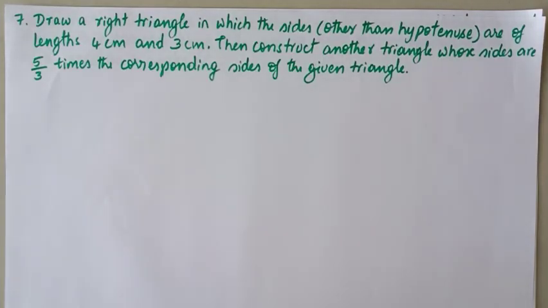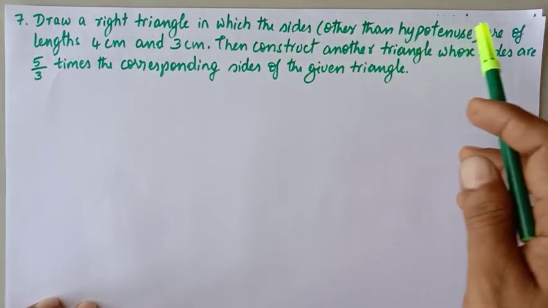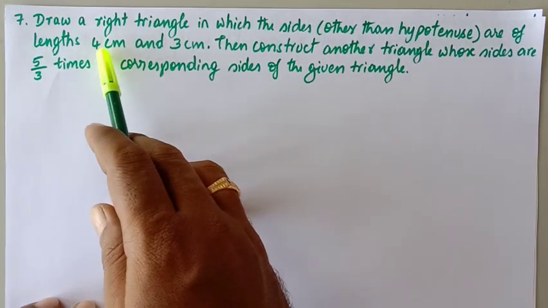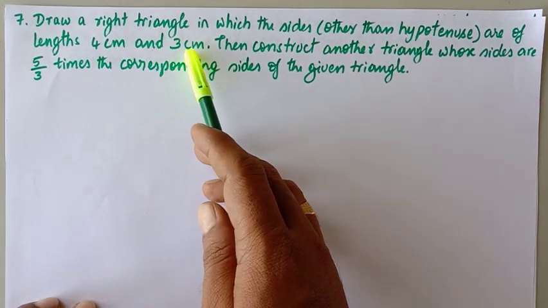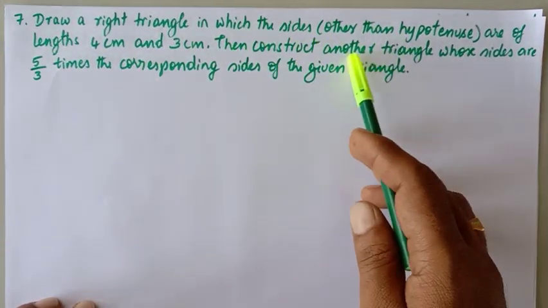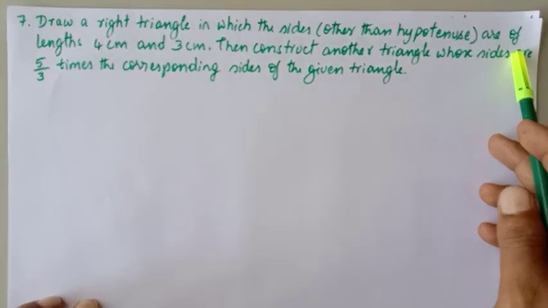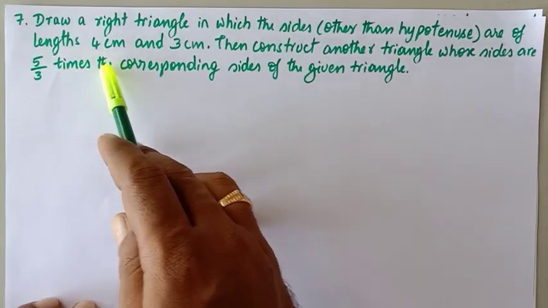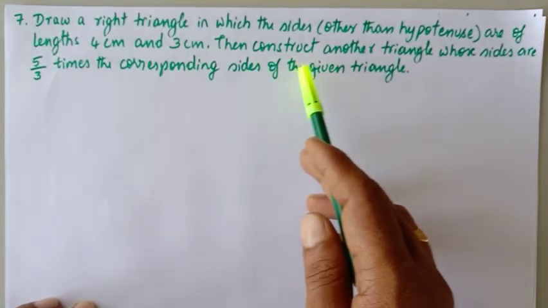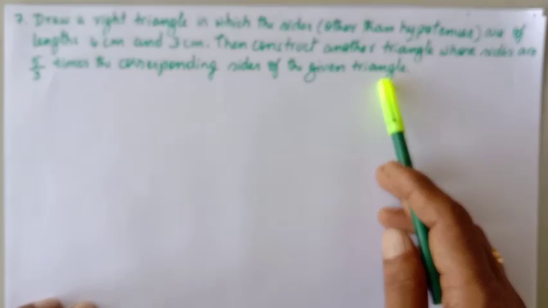Draw a right triangle in which the sides are of length 4 cm and 3 cm. Then construct another triangle whose sides are 5 by 3 times the corresponding sides of the given triangle.